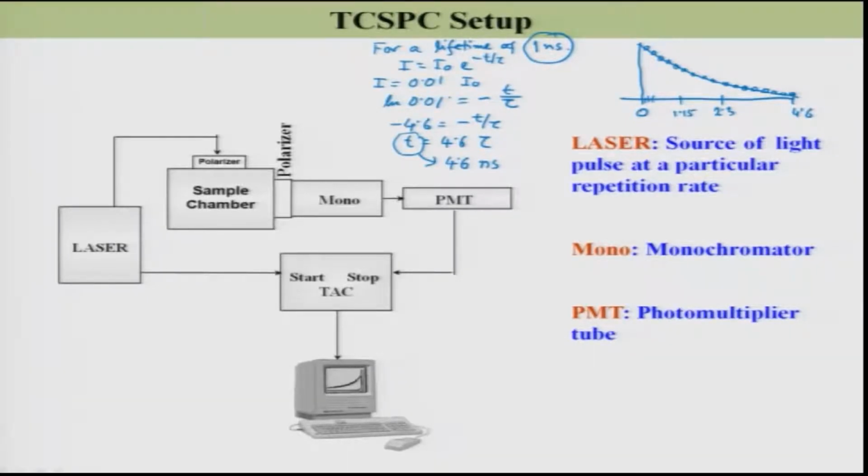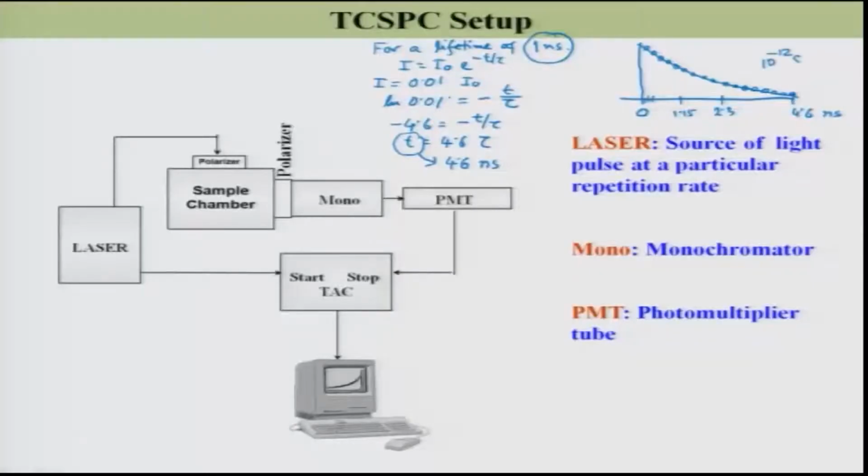It was okay if it is hours, but it is nanoseconds. So, I need to measure the fluorescence intensity at every picosecond or so, that means 10 to the power minus 12 second. That cannot be done so easily. So, what should we do?